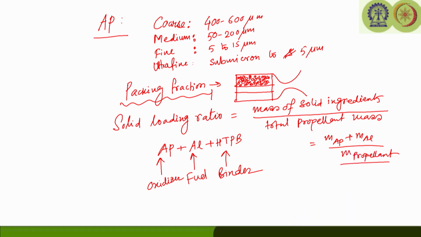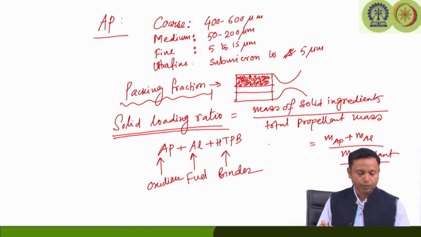So, the mass of solid ingredients divided by total propellant mass is the solid loading ratio. I will go through some example problems on how we calculate the solid loading ratio and how that influences the ratio of oxidizer to fuel, whether it is becoming oxidizer rich or fuel rich. We will look at those things through one example problem.